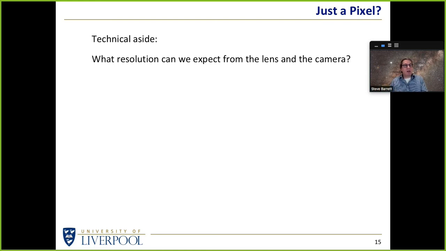This particular lens is quite a nice, good quality one, so I don't expect there to be any serious aberrations. And given a 75 millimeter aperture, you might expect to get a resolution of about 9 microradians, millionths of a radian. Physicists prefer radians, astronomers tend to prefer arc seconds. So 9 microradians is a little bit less than 2 arc seconds.